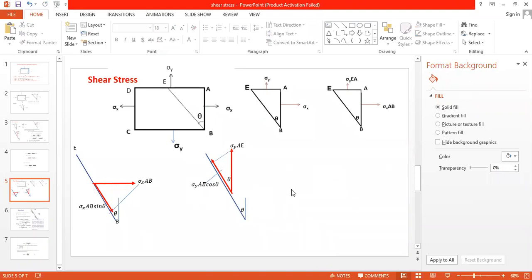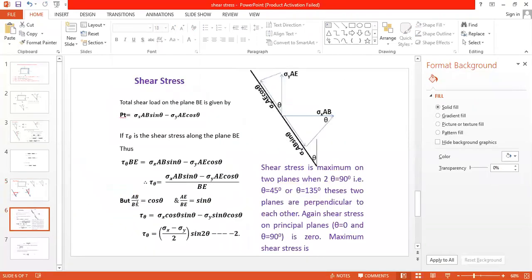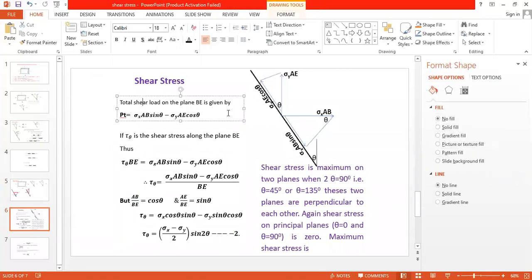Next, what is the total tangential force on B? Now it is the addition of this force and this force. You can see here, this is sigma y AE cos theta and sigma x AB sin theta. Have you got it?